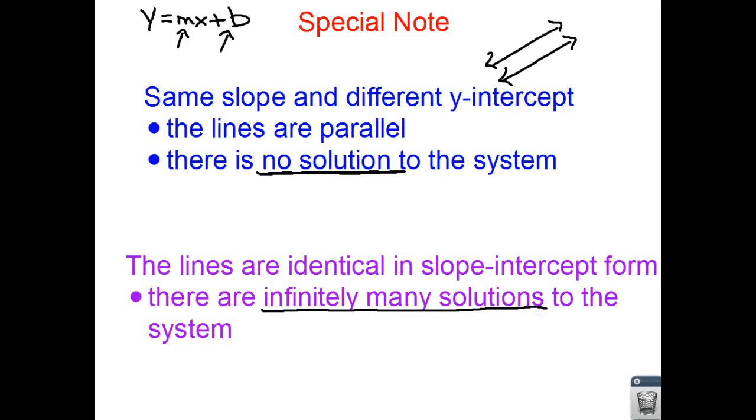So for example, if I have y equaling 3x plus 1, and we rearrange the second equation, and it ends up being the same 3x plus 1, we know that those two lines, when you graph them, are going to lie right on top of each other, which means they would share all of these ordered pairs, which means there are infinitely many answers to that.